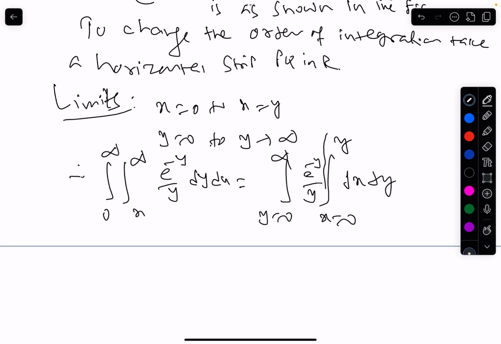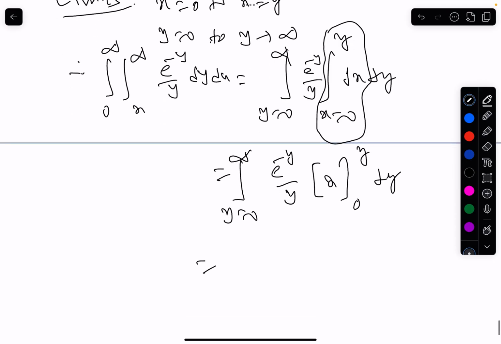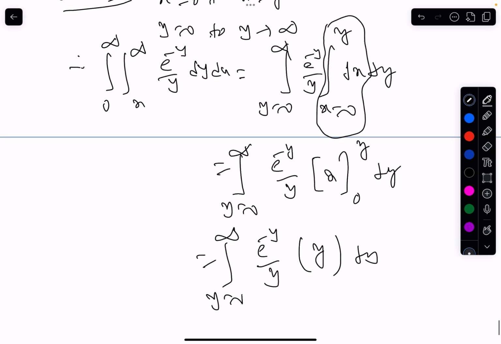So integration of this part is y from 0 to infinity, e power minus y over y, integration x from 0 to y, dy. So y from 0 to infinity, e power minus y over y, this is y dy.